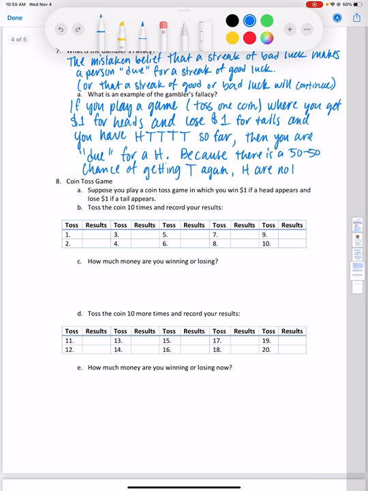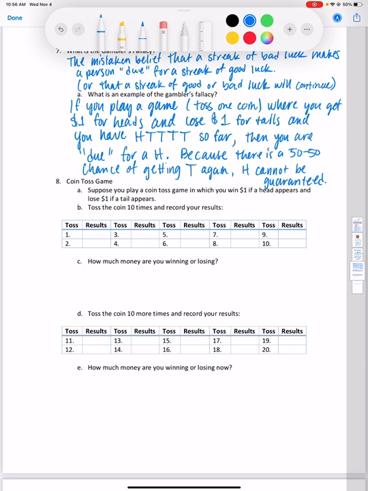Heads cannot be expected. Cannot be guaranteed. Okay. So that's what gambler's fallacy is.